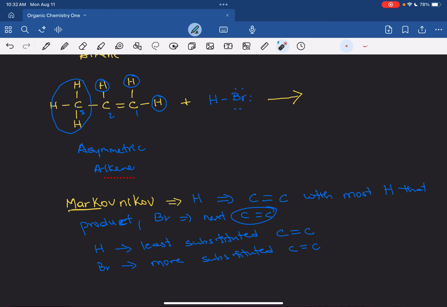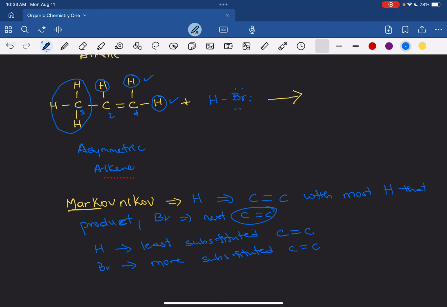Let's talk about how I would identify the most substituted or the least substituted. Clearly, the previous interpretation is much easier, which is why I would recommend you remember that, but you also need to be able to recognize the more and less substituted carbon. So carbon one has a hydrogen, a hydrogen.